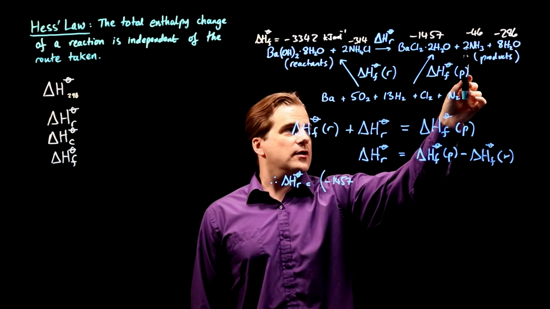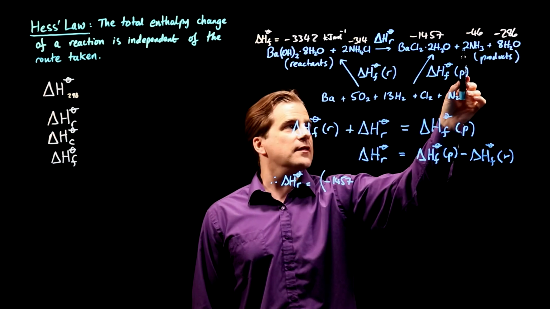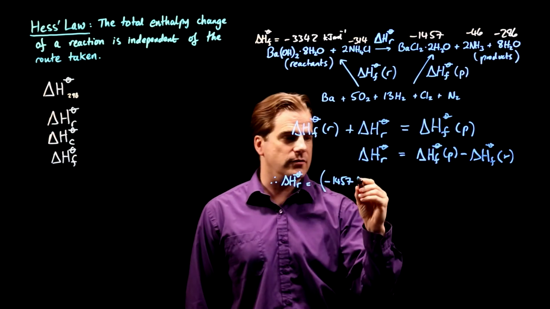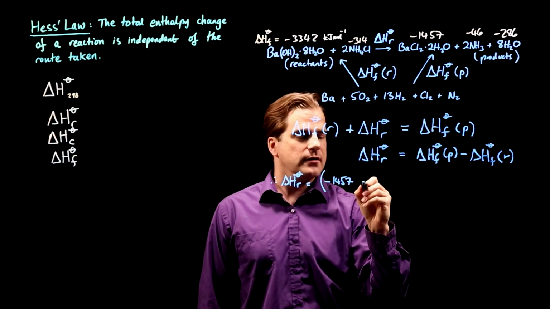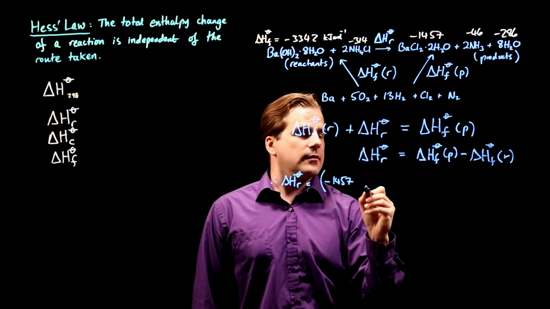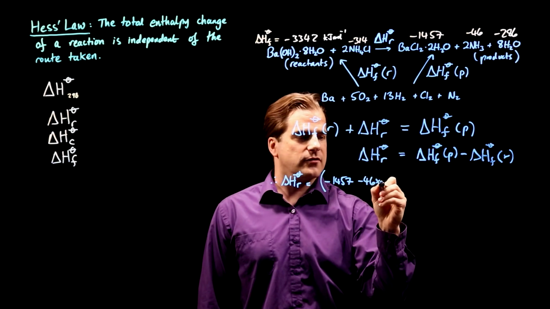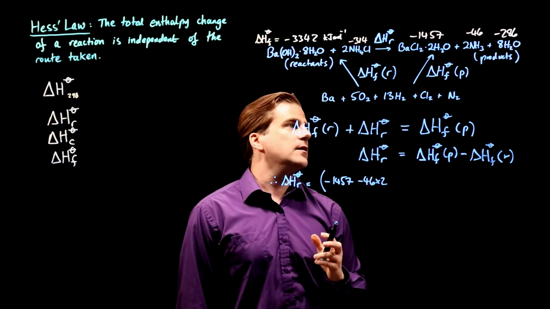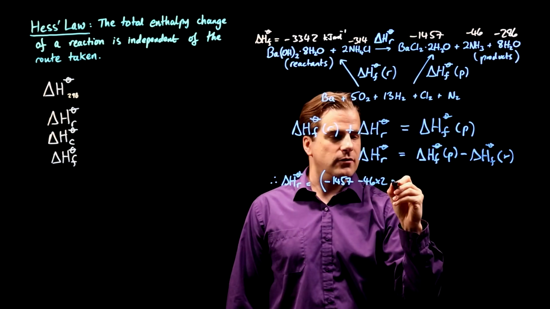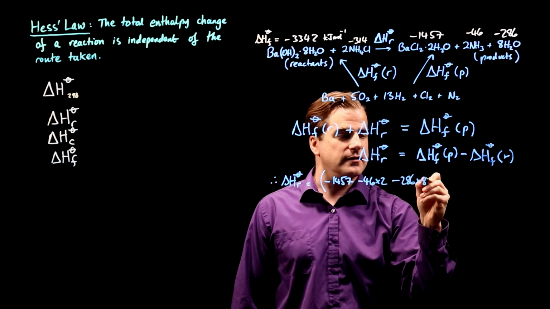Don't forget to look at how many molecules there is of each. There's 2 ammonia, so we have to multiply that minus 46 by 2. Okay, so it's minus 46 times 2. Okay, and there's 8 waters, so we have to do minus 286 times 8.